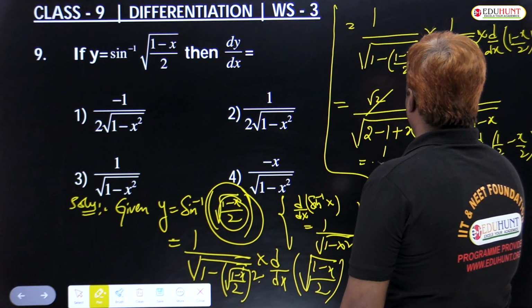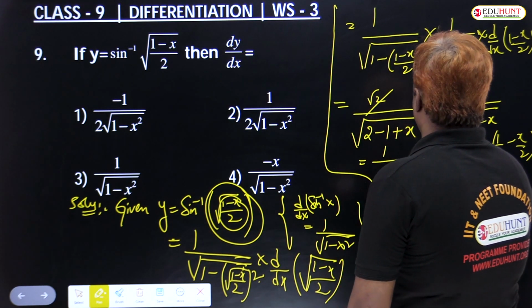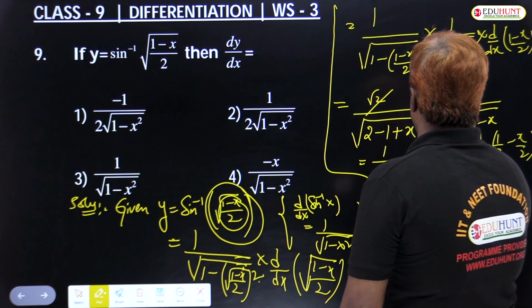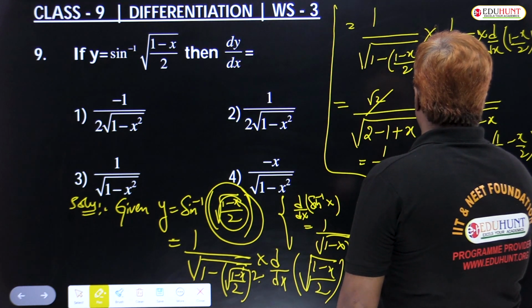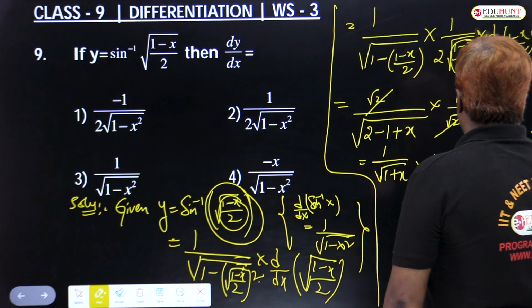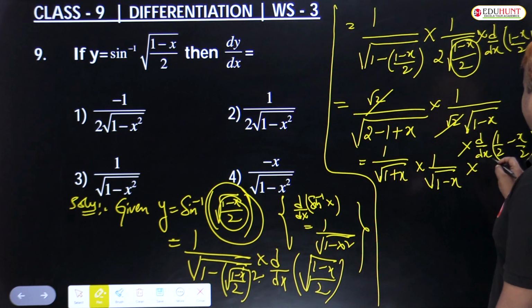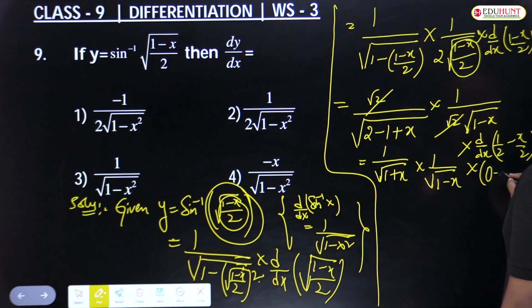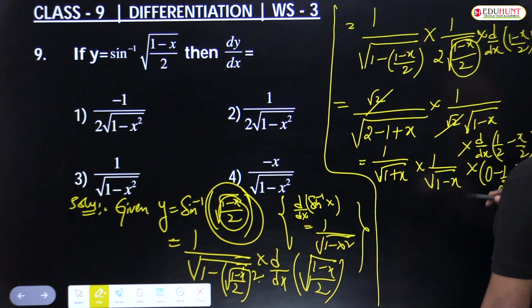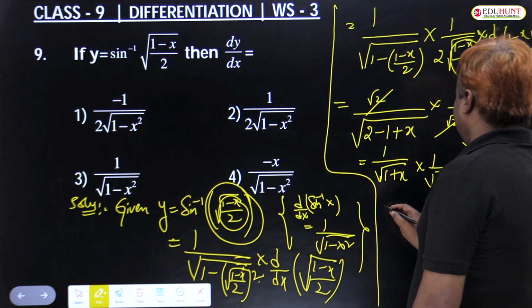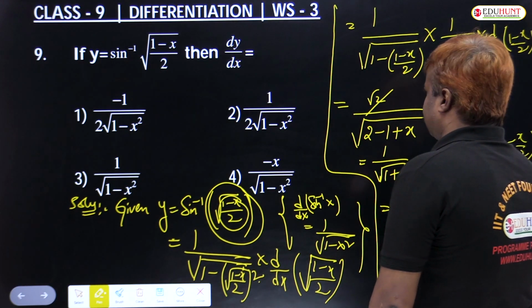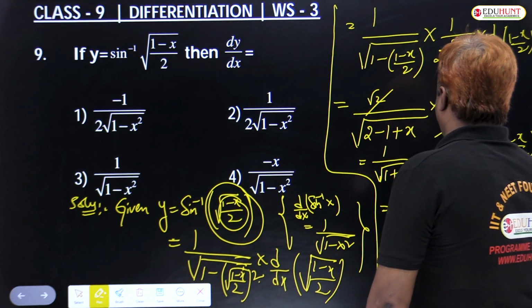Now you can write 1 by root over 1 plus x into 1 by root over 1 minus x into the derivative of the constant, which is 0, minus 1 by 2 into the derivative of x, d by dx of x. Now you can write 1 by root over a plus b into a minus b, children.